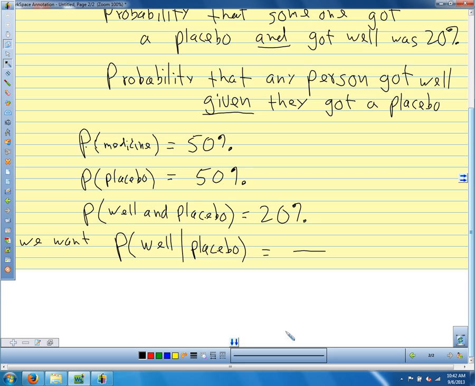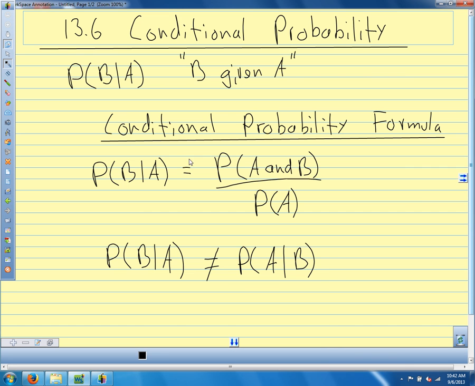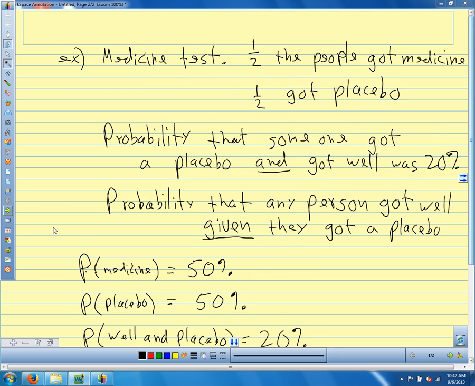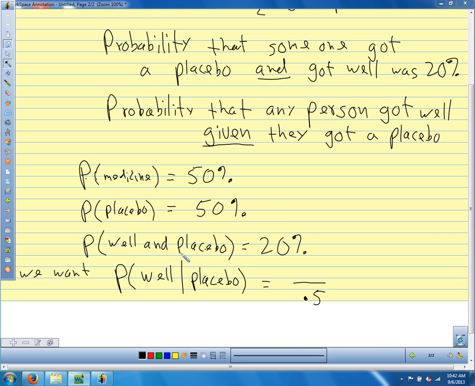The given is that they got the placebo. So what's that probability? 50%. We'll write that as a decimal, 0.5. And on the top, the probability of A and B. What's the probability that they got well and they got the placebo? 0.2. I divide that out and I get 0.4, or 40%.